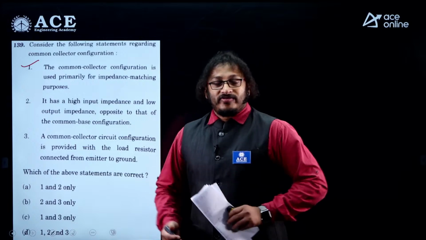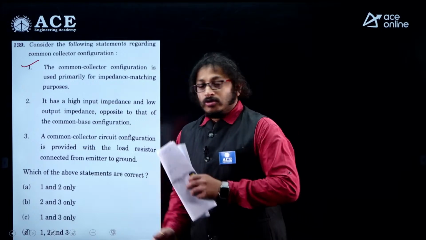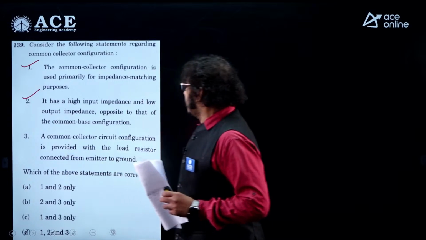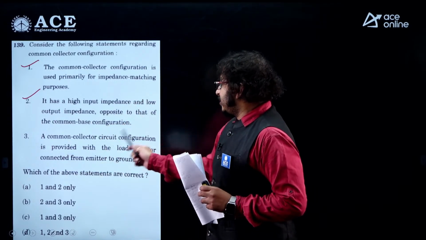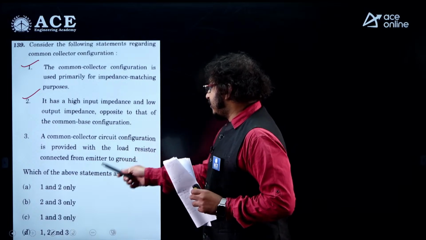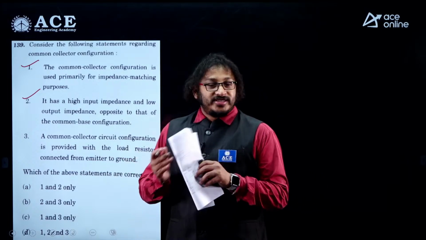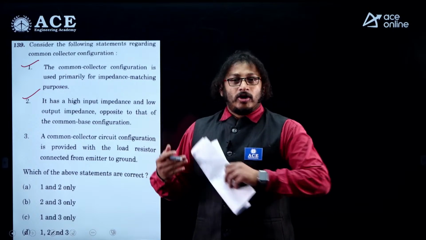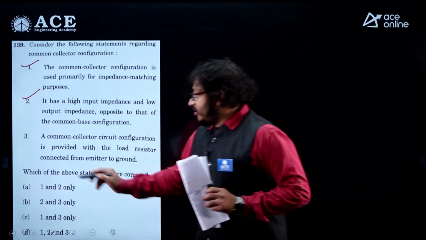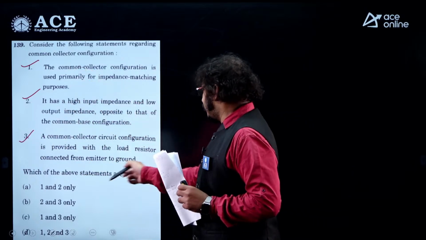Common collector or emitter follower has high input impedance and low output impedance. Yes, this is correct, which is exactly opposite to the common base. That is perfect, guys. So a common collector circuit provided with the load resistor connected to the emitter. Yes, that's right, because output is taken across the emitter. I repeat, a common collector is nothing but an emitter follower. Output is taken across the emitter with respect to the ground. So this is correct. So 1, 2, 3. Which of the following statements are correct?